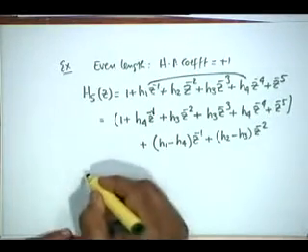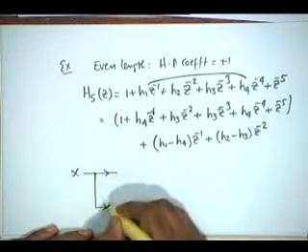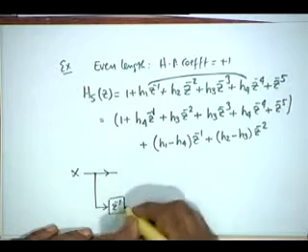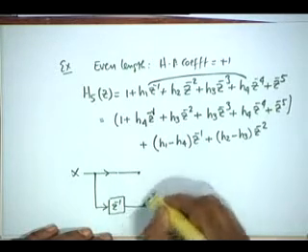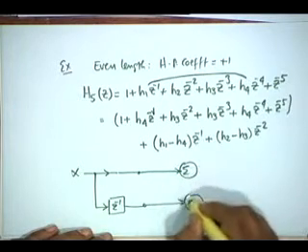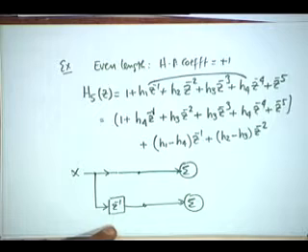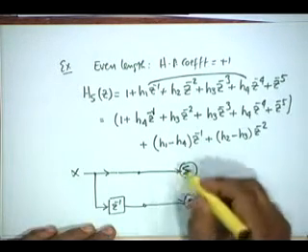What shall I have? I shall have X, Z inverse. I have to show the Z inverses explicitly because I want to take the taps. I can't show it as boxes. Okay.